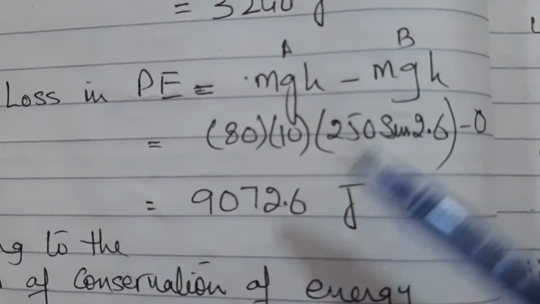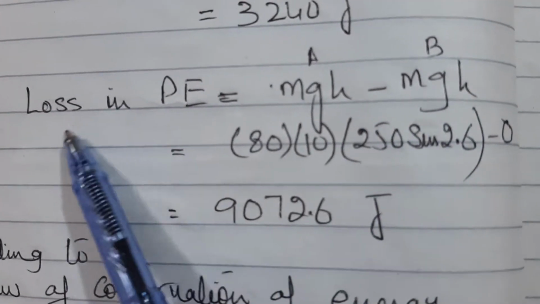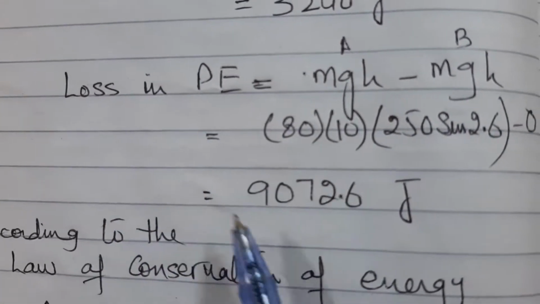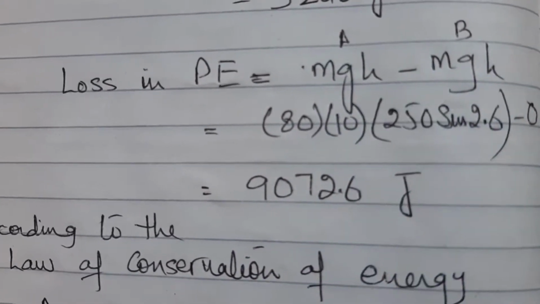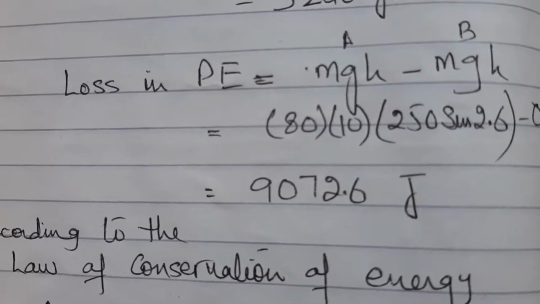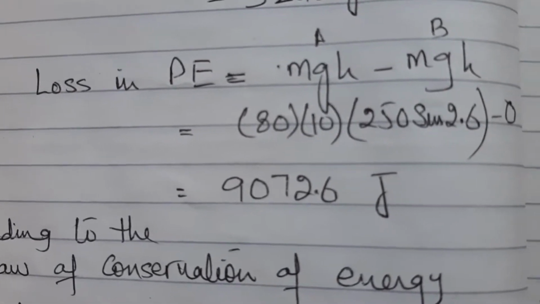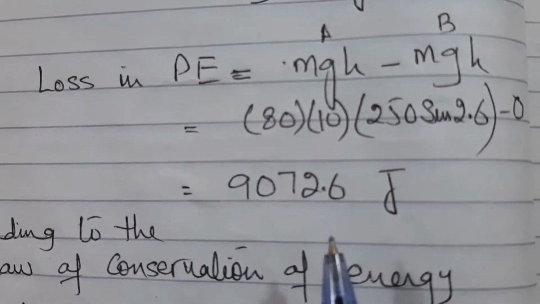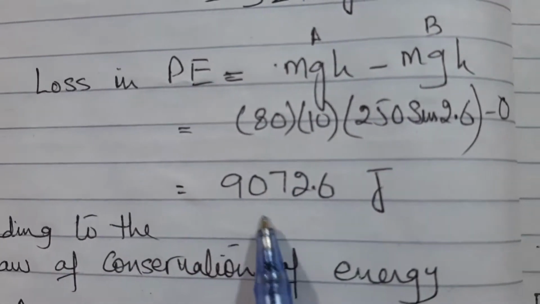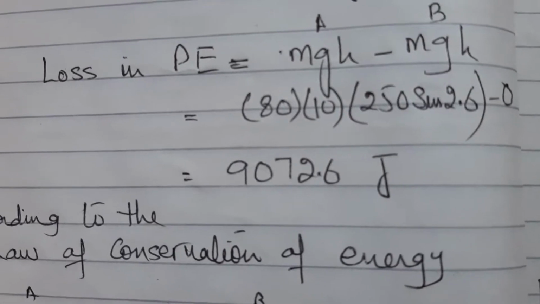Now minus means energy is losing. So when you write loss in potential energy, then you do not write the minus sign here. That's why I have taken A minus B, right? So even if you do B minus A, for the final answer, remove the minus sign if you are writing loss in potential energy.